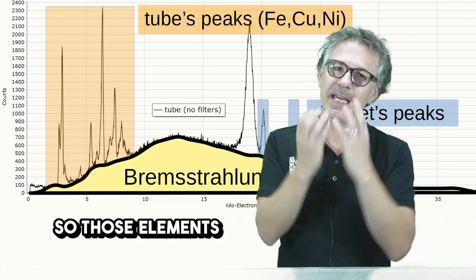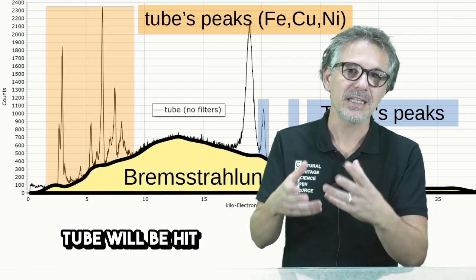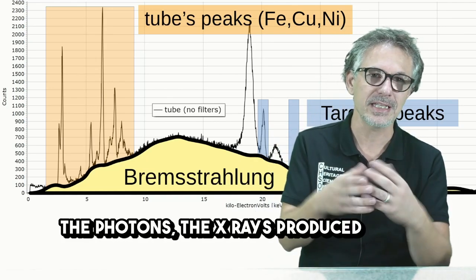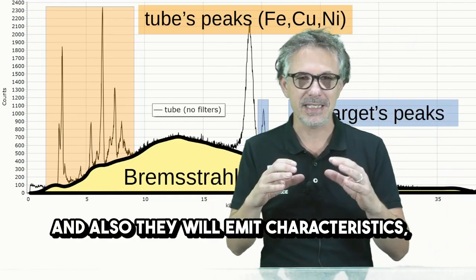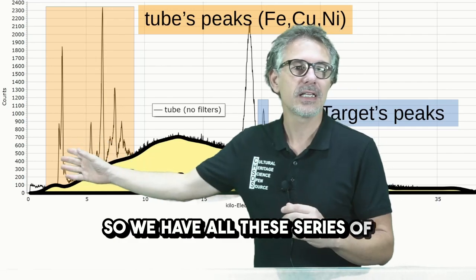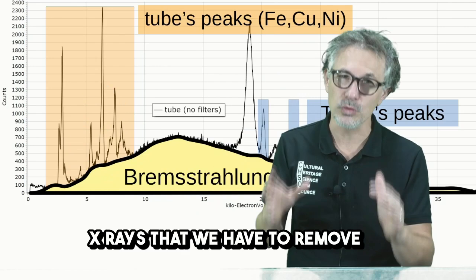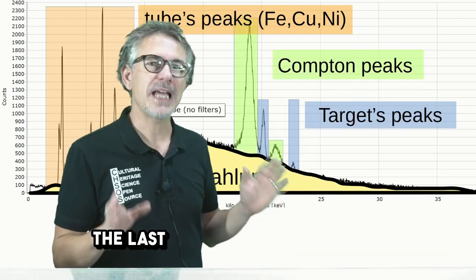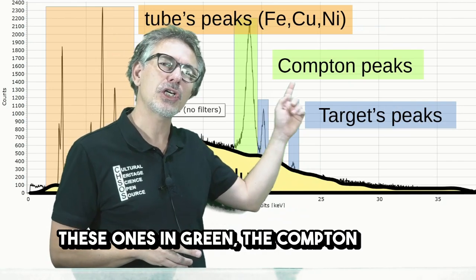Those elements that are necessary to make the tube will be hit by the electrons, hit by the photons, the X-rays produced inside the tube, and they will also emit characteristic X-rays. So we have all this series of characteristic X-rays that we have to remove to have a good output for the tube.